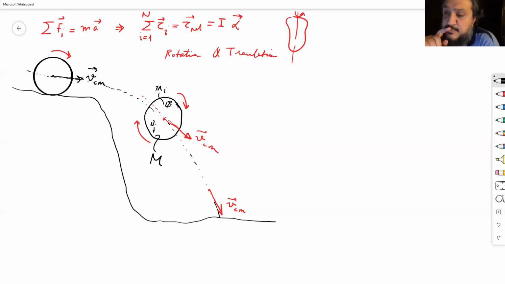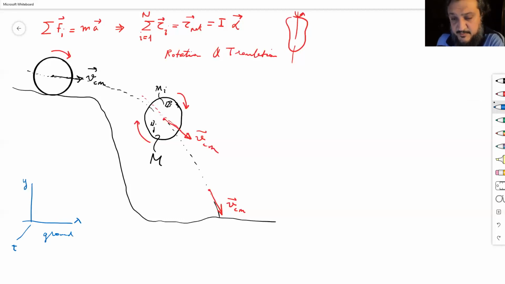Now we're going to think of this in terms of the idea of relative velocity. What do I mean by that? This center of mass velocity is measured with respect to a frame here. I'm going to call it the ground frame, an observer sitting on the ground. The y and x axes, and there's z if you want, but don't worry about it right now.